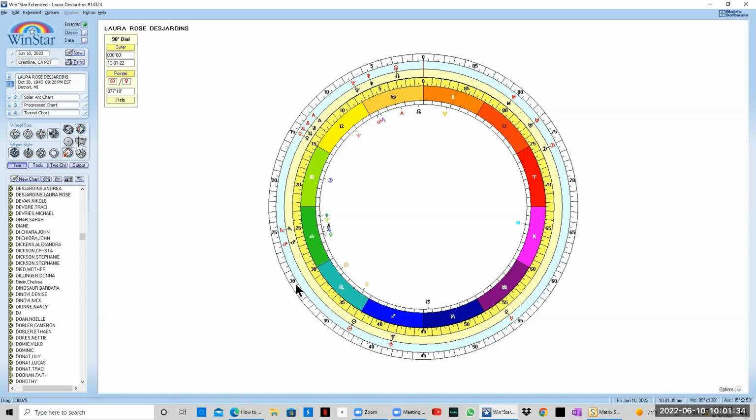Anyway, the next 30 degrees is between 30 and 60, and those are the fixed positions. So you look to see where your fixed positions are. Now, fixed is Taurus, Leo, Scorpio, and Aquarius. So I have the sun in Scorpio, so it falls at 7 degrees fixed. This is 0, 5 degrees fixed, 6 degrees fixed, 7 degrees and a quarter fixed.